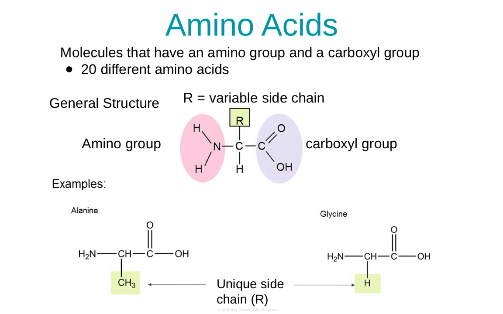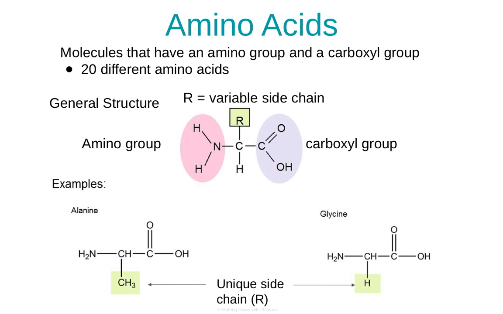And if you look at the examples here, we have two amino acids that are very, very similar in structure, but their side chain is different. One of them is CH3, and the other one is a hydrogen.